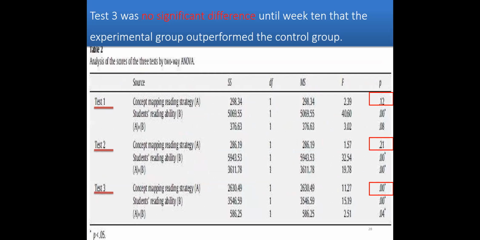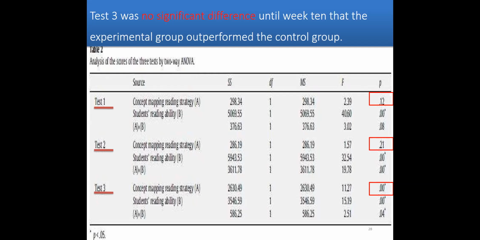In table 2, you also see that test 3 has a significant difference at week 10, where the experimental group outperformed the control group. In test 1 and test 2, you can see that in test 1, the P is 0.12, and in test 2, the P is 0.21.